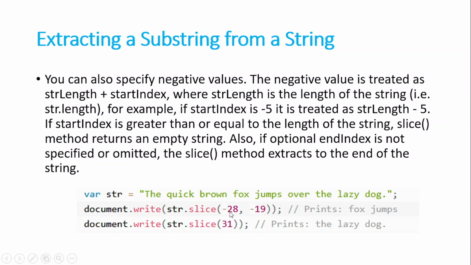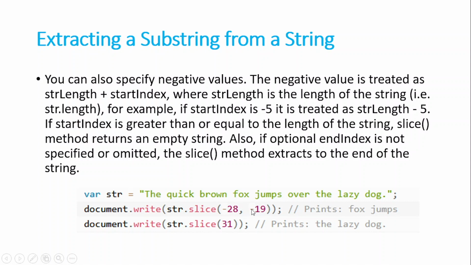Now in this case, you can see it is providing the -28 index. So -28 comes from the length. You can minus the length. The complete length is first deducted from this -28, and then that becomes the starting character, and then after that we can similarly provide the n index.